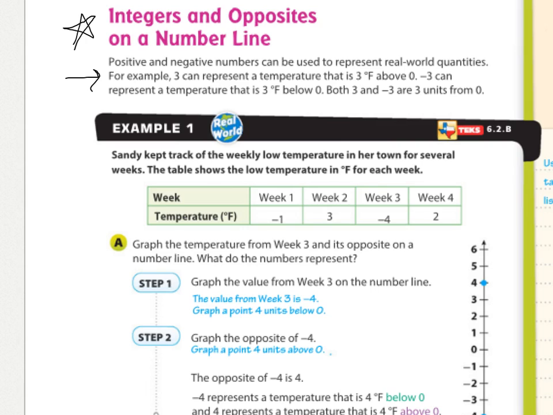It says, for example, 3 can represent a temperature that is 3 degrees above 0, and then negative 3 can represent a temperature that is 3 degrees below 0. But both 3 and negative 3 are 3 units away from 0, and that's why they are opposites.